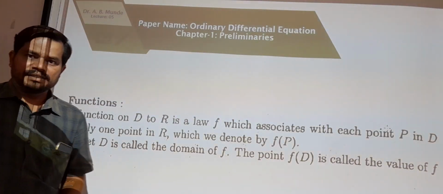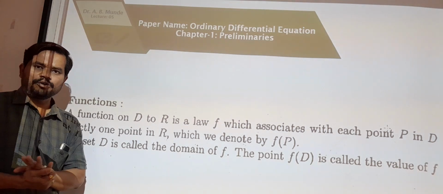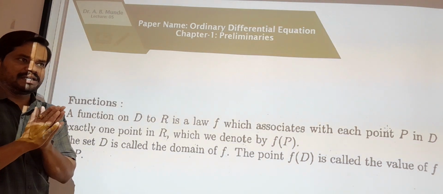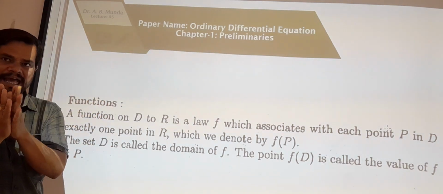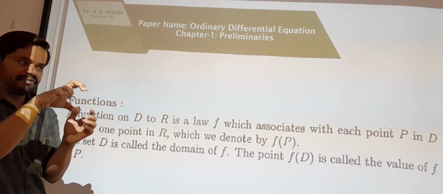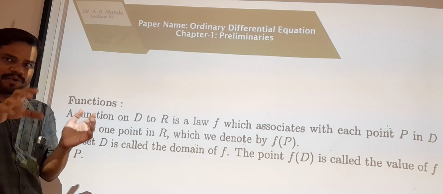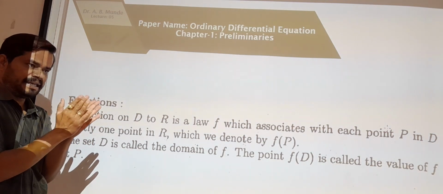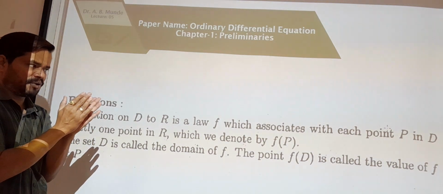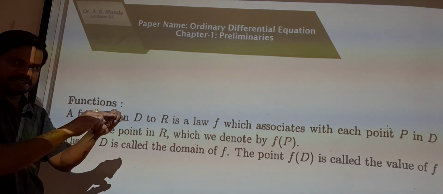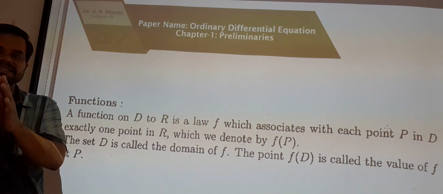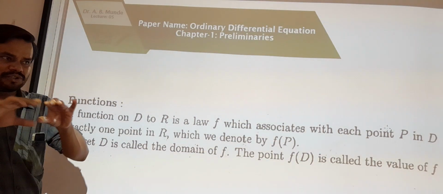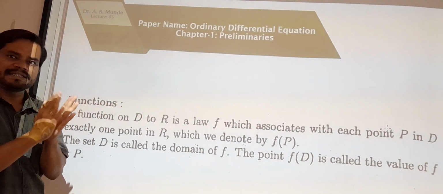Now see here the definition of a function. What do you mean by a function? If you take two sets D and R, you can define f from D to R. Whatever the value of any number or variable in the first set D, the associated value is in the second set R. That association is called a function.